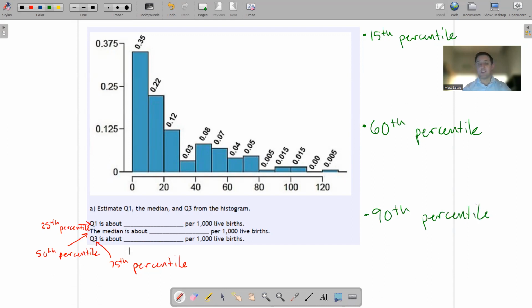So the first thing we have to notice is that this histogram is specifically a relative frequency histogram. The reason I know that is because along the y-axis here, instead of whole numbers, I have decimals.